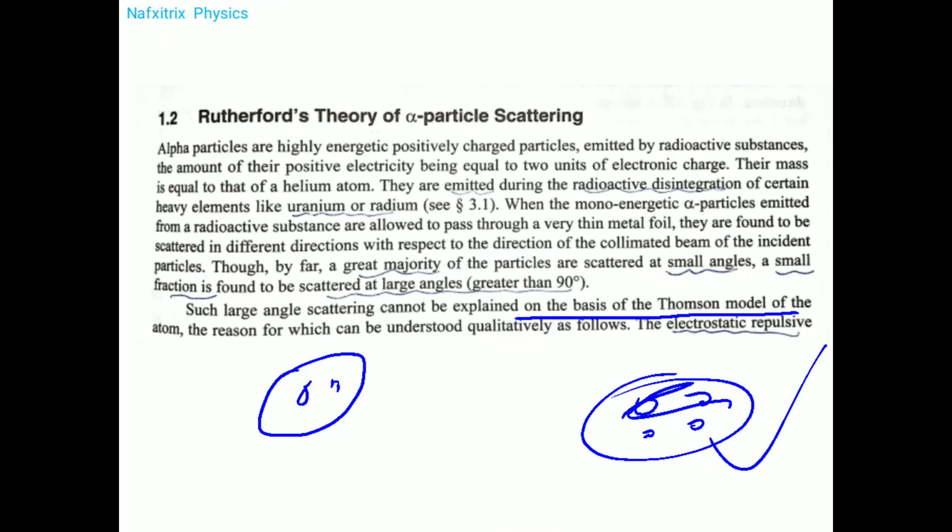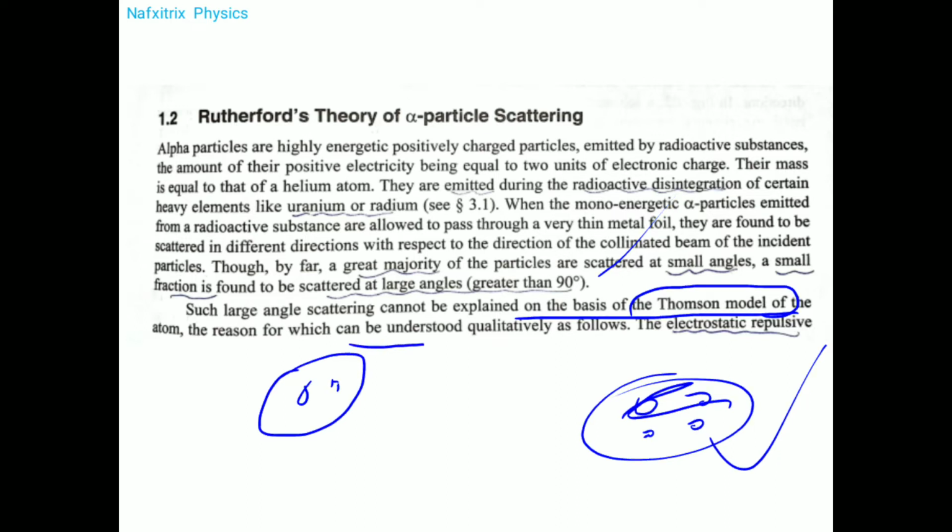So why is it scattering in such a manner? At that time, J.J. Thomson's model looked inadequate to explain the structure of atoms by this experiment, so a new explanation is required. We will see that.